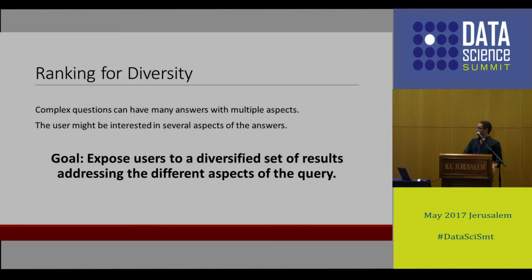Okay, this example brings us to intuitively define our goal as exposing the users of the community question answering site to a diversified list of results. In other words, we want to provide a ranking over answers in a way that promotes answers both on the relevance to the question and by the amount of novelty they introduce with respect to other answers chosen so far.